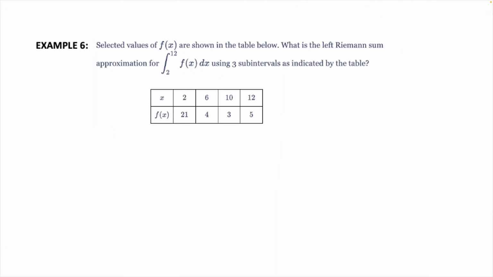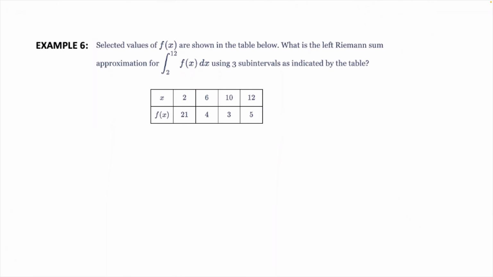Ideally, it's 10 wide, so if they needed to be equal, it would be 3.33. But they don't even give me enough data for that, and it doesn't say that the subintervals have to be equal. So these rectangles are not all going to be the same width.